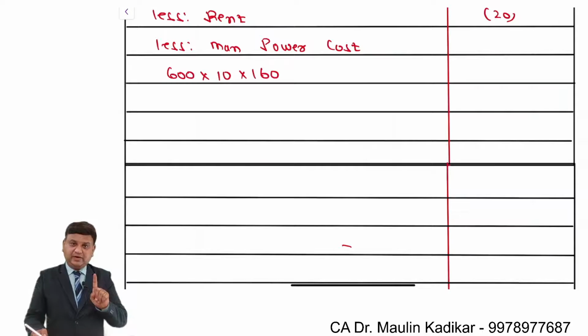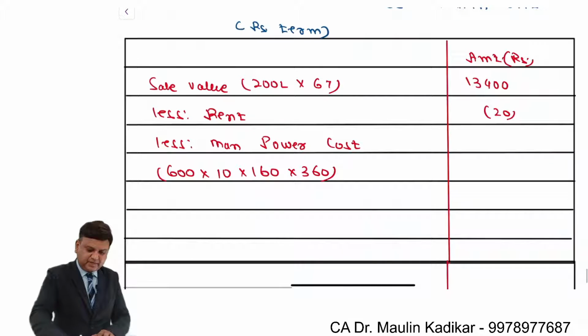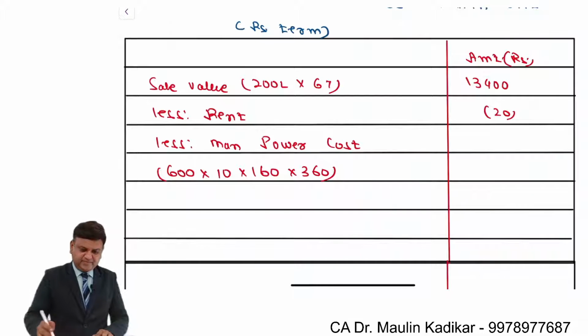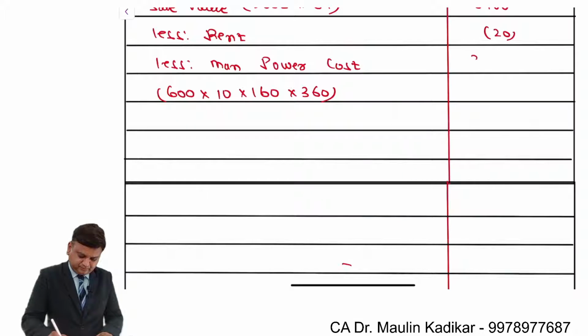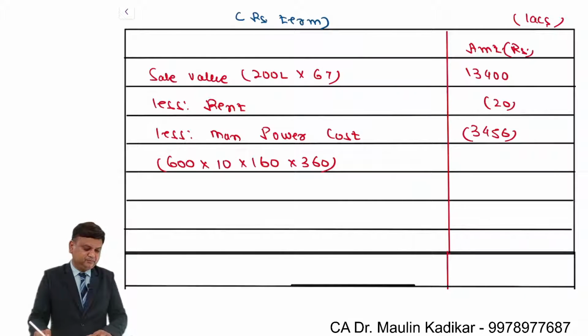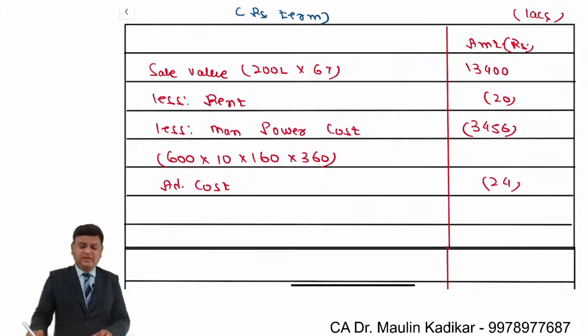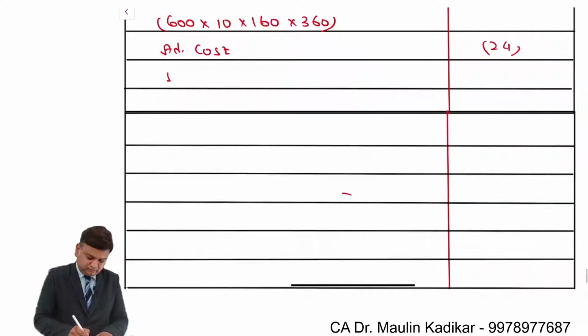This is the wages for one day into 360. 600 into 10 into 160 into 360 divided by 1 lakh, that comes to 3456 lakhs. Okay. Then administration cost, an amount of 24 lakhs. Dear students, all these expenses will be deducted from the revenue. So it is 13,400 minus 20 minus 3456 minus 24, 9,900. So profit before taxes is 9,900 lakhs.